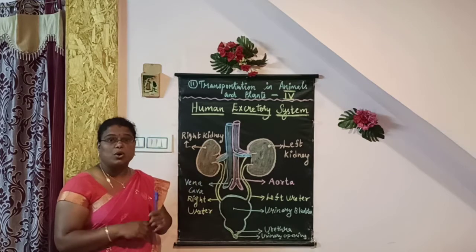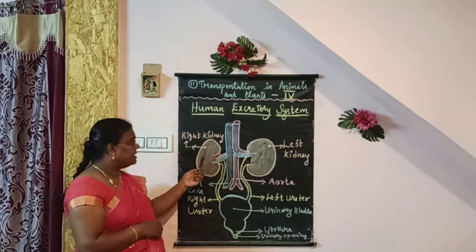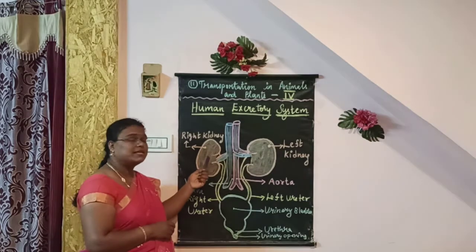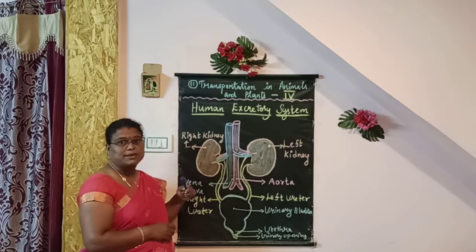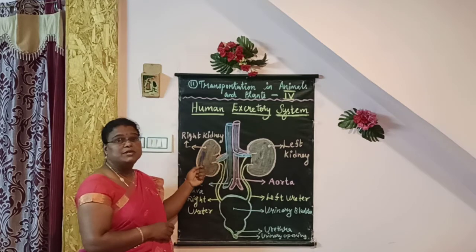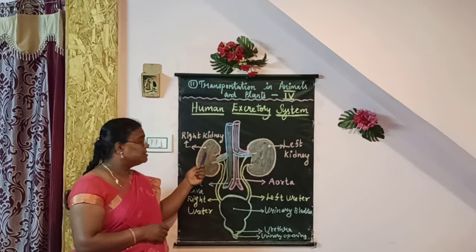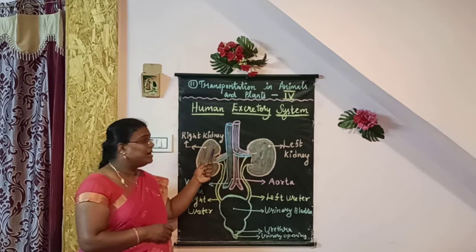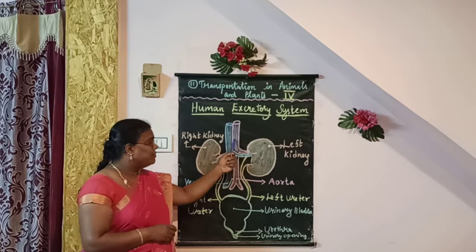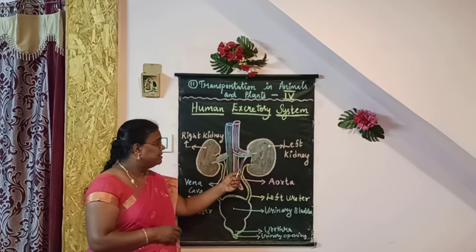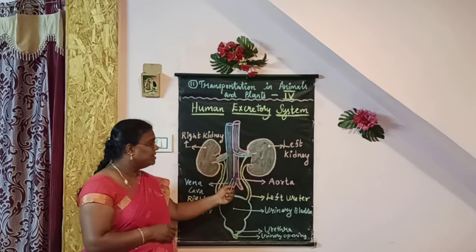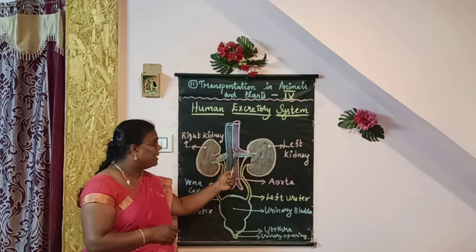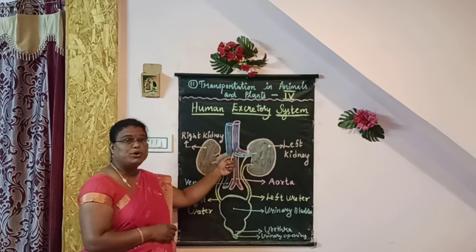Now the blood becomes pure blood, free from toxic substances. That pure blood is collected by the blood vessel called the aorta, which I have colored pink. This indicates the aorta carries pure blood, free from toxic substances.